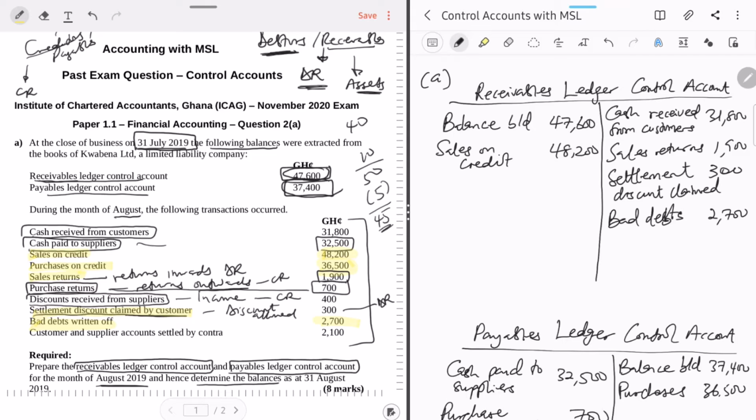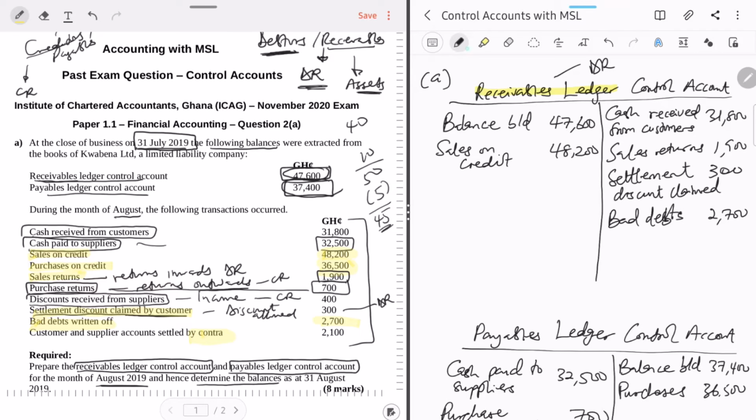The next is what? Customer and supplier account settled by contra. Anytime you see contra, just see it as corresponding entries on both accounts. So a contra entry simply means an entry on the opposite side of an account. What do I mean by opposite side of an account? Remember I told you the receivables ledger control account has a debit balance.